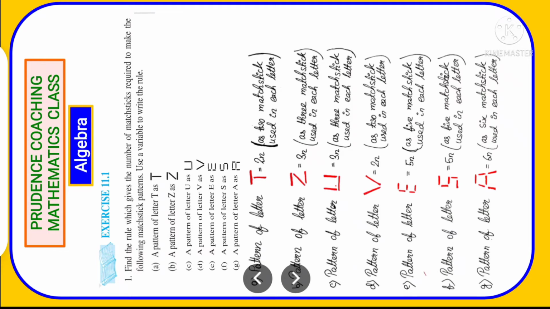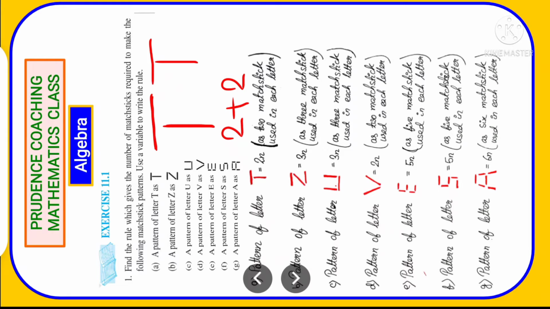So as in part A, as you can see, we have a pattern of the letter T written like this, one line and this one. There is no joining between this line and the line here. If these are the matchsticks, then we need 2 matchsticks like this to form a single T. If I say that we are making 2 T's, then how many matchsticks will we need? This 2 plus this 2.